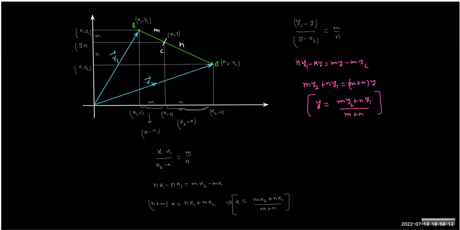So instead of writing the paired coordinates x1, y1, x2, y2, I am giving you r1, r2 as direct vectors representing the position of the points in space, namely A and B. My question is, what is the position vector of the point C? We are trying to find the r vector given r1, r2, and it is known that C divides the line AB internally in m is to n. So now my question has changed from scalar to vector.